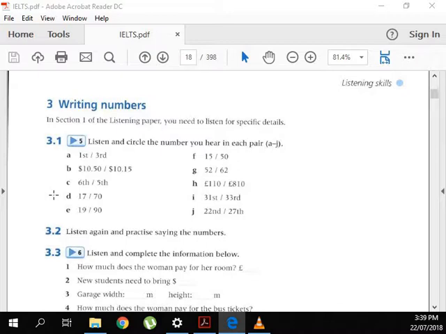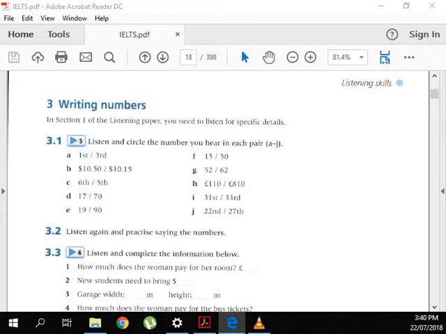E, 19. F, 15. G, 62. H, 110 pounds. I, 31st. And J, no, 27th. Yeah, 27.